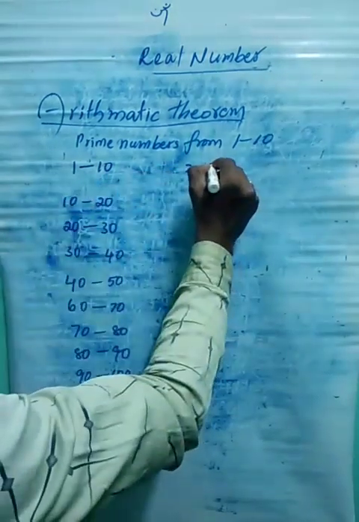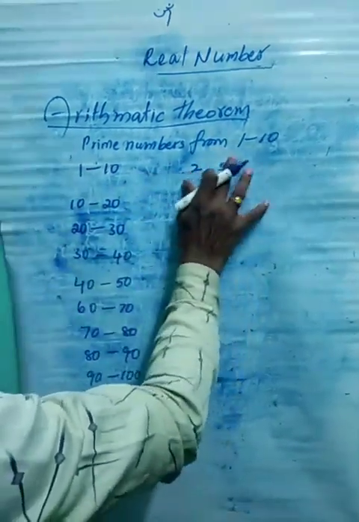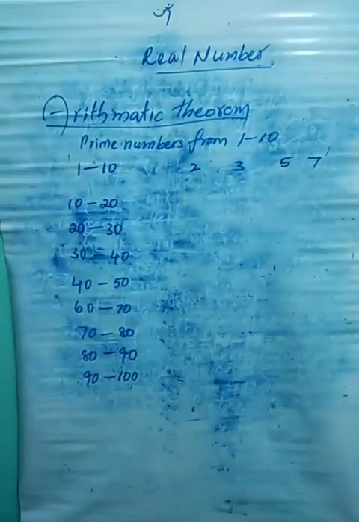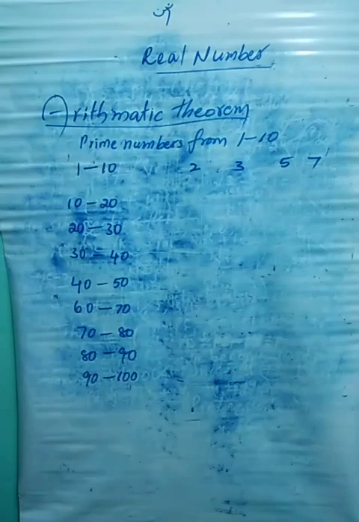2, 3, 5, 7 are the primes from 1 to 10. How many numbers are there? 4 numbers are there.